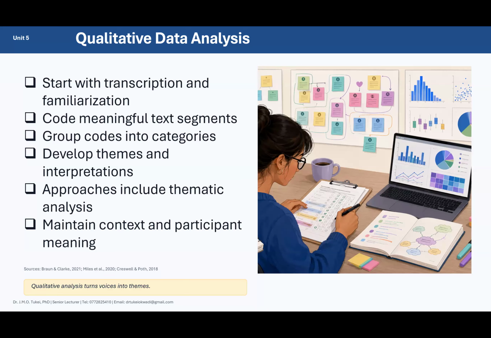Researchers should document analytical decisions, use illustrative quotations sparingly, and show how conclusions emerged from the data. Flexibility is essential because the researcher is part of the interpretive process.